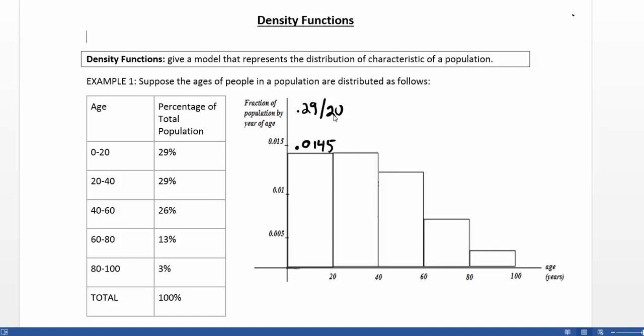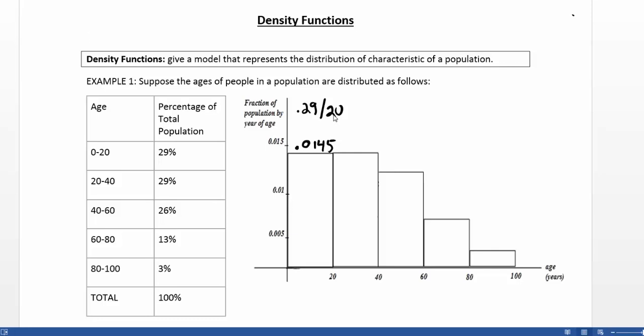That means it's equally likely that someone is 1, 2, or 3, and the fraction of the population at each individual age from 0 to 20 is approximately 1.45%. When you add up all those ages from 0 to 20, you multiply that number by 20, and that's where you get the 29%.